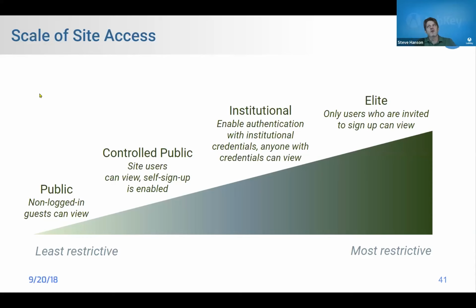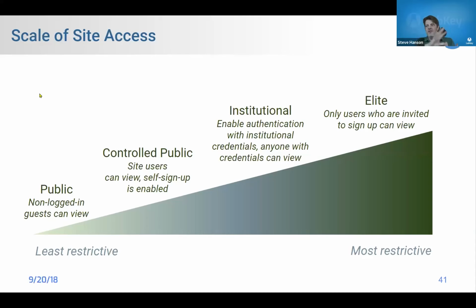You can have invite-only registration, where you're a site admin and you have to actually send somebody an email and say, hey, you're allowed to make an account on the site. Or you can make it more open and turn on something called self-sign-up or self-registration. That's where you can just come across a site, click the right links, and get yourself an account on the website. So that's controlled public access.